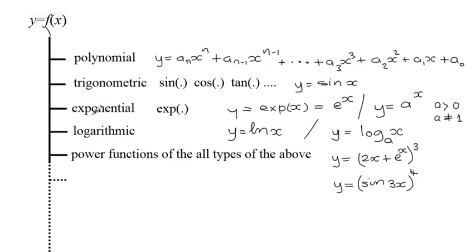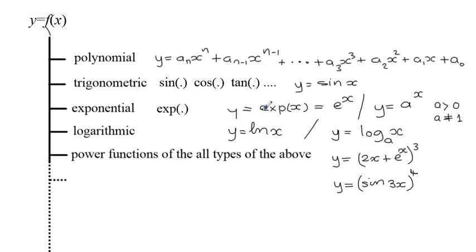You can also have an exponential function, which you can denote as exp of an argument, but usually we use the shorthand a to the power of x for the exponential function of x.